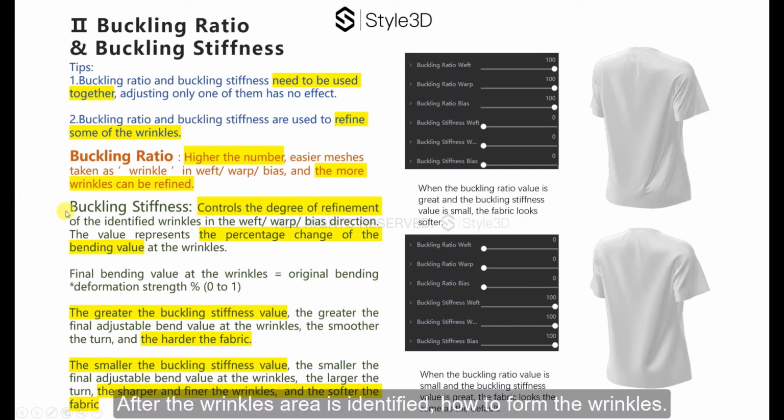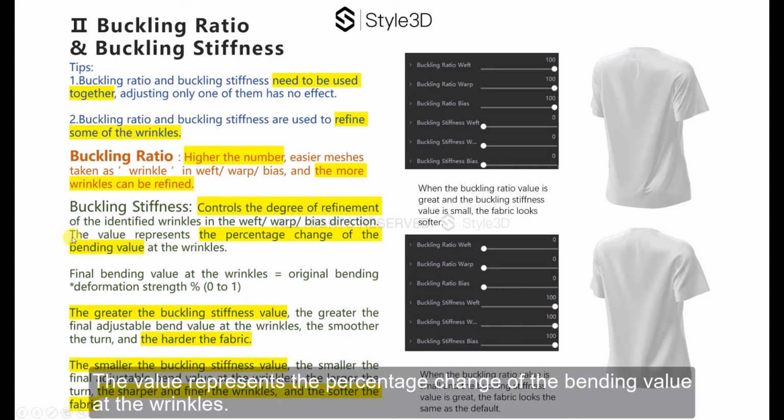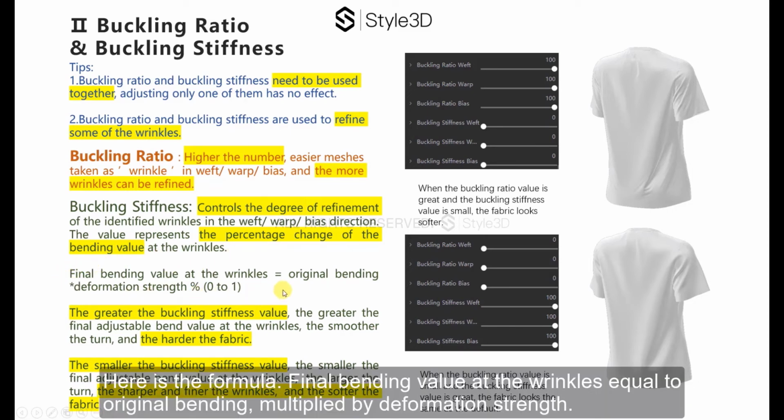After the wrinkles area is identified, how to form the wrinkles? Buckling stiffness can control the degree of refinement of the identified wrinkles in the weft, warp, and bias direction. The value represents the percentage change of the bending value at the wrinkles. Here is the formula.